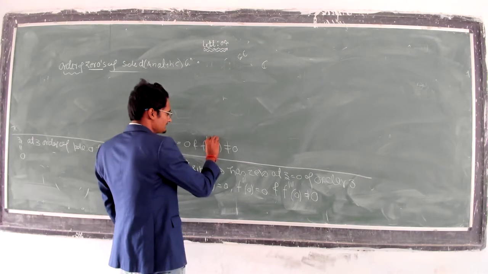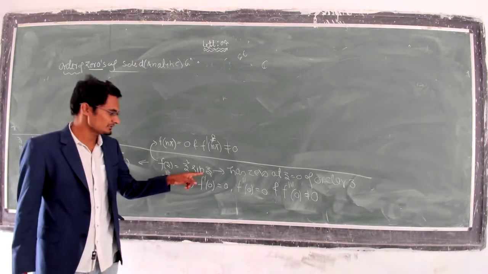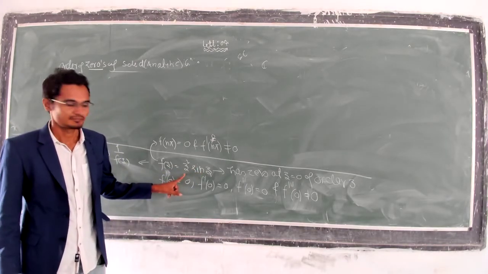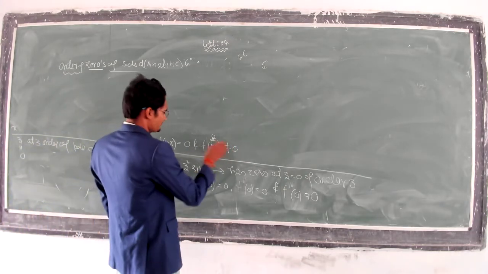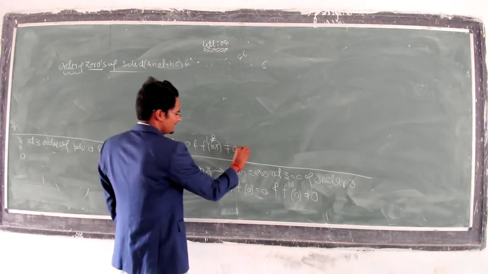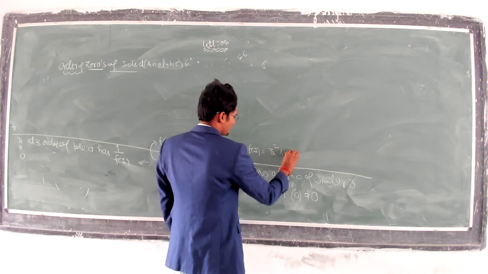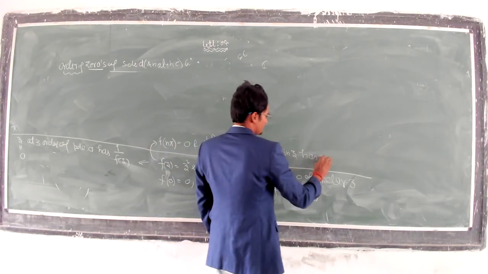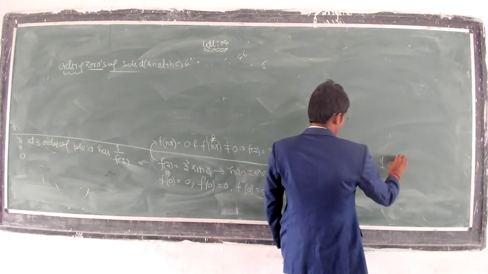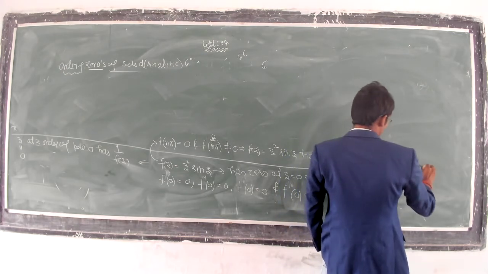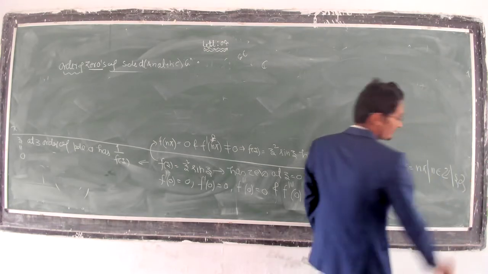What is n? n is non-zero. If n is non-zero, then f of n pi is 0, right? So f dash n pi is non-zero, first derivative non-zero. This implies that f, that is z square sin z, has a zero of order 1 at z equal to n pi, n belongs to integers minus 0.